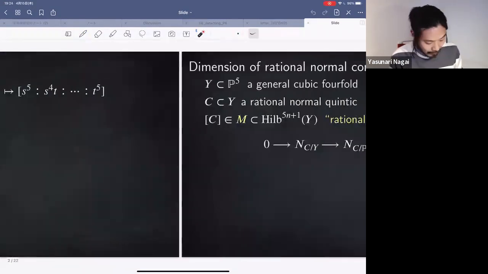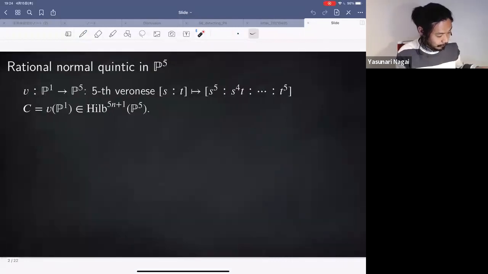And I want to calculate the normal bundle of that.